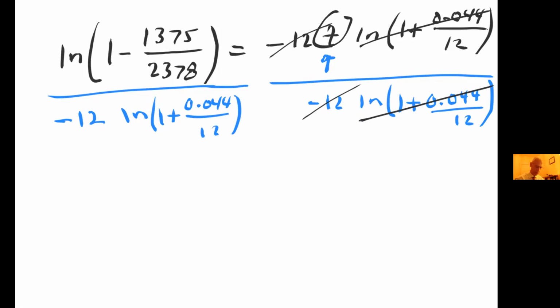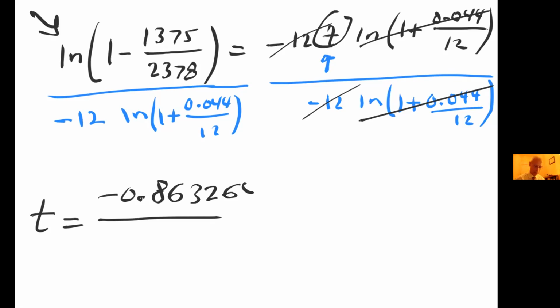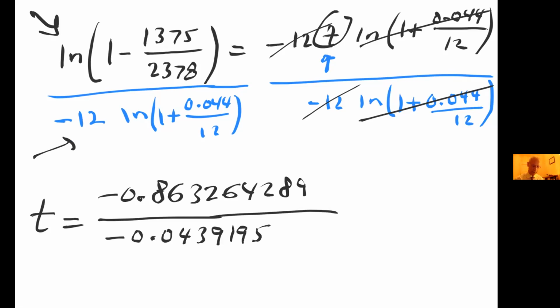So t equals, now I'm going to use my calculator. The numerator, the natural log of 1 minus 1375 over 2378, gives me negative 0.8632642889. And the denominator, negative 12 times the natural log of 1 plus 0.044 over 12, gave me negative 0.04391953.